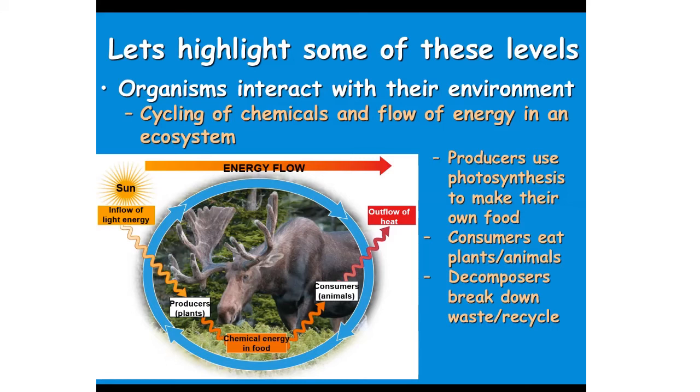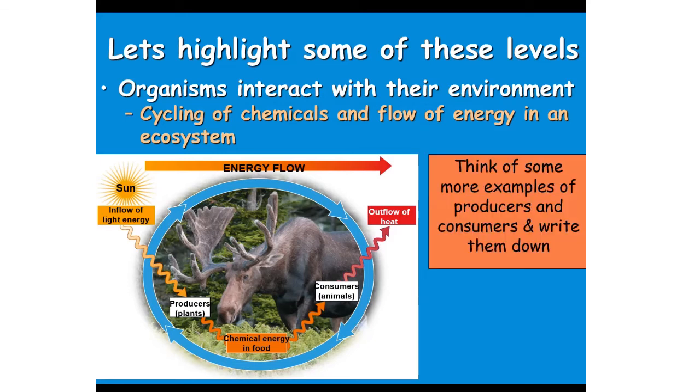Then you've got your decomposers. I talked about the kingdoms, so don't forget about fungus. They break down waste and recycle all those different atoms back into the ecosystem, which is kind of cool because then it just keeps getting reused. So we have all these awesome interactions between different organisms.